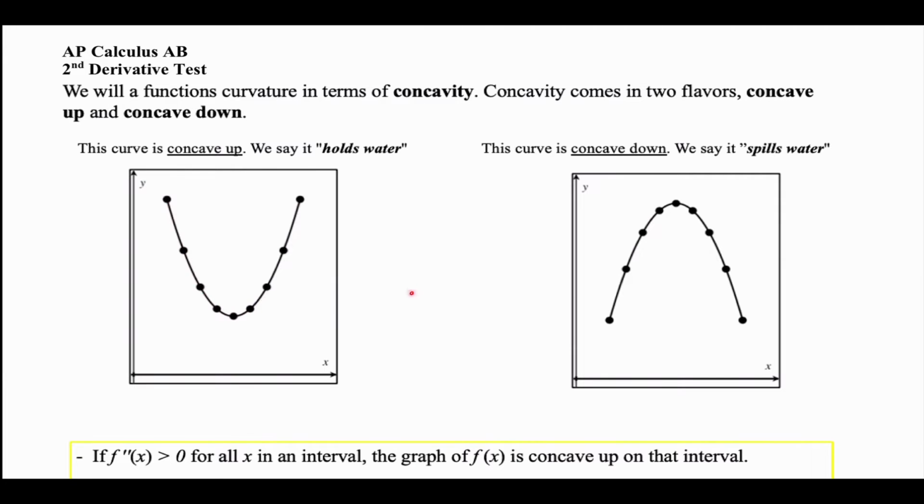But that's not always the case because you'll have things like this that are concave up, and that technically can't hold water, but it is concave up. So anything that kind of looks like it holds water is concave up. Opposite is concave down. If I said draw a picture of something concave up, it would have a curvature like a cup, with arrows up.